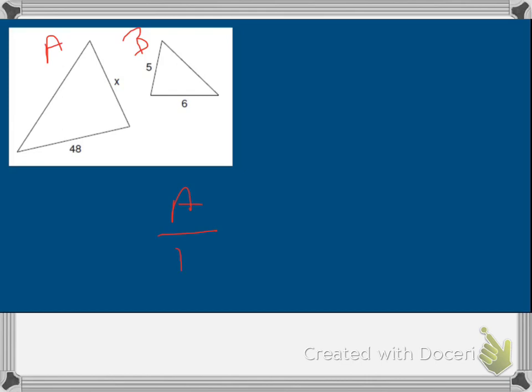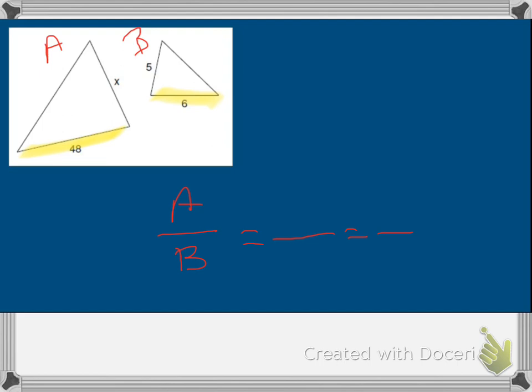So again, I'm going to make sure that I keep everything in the correct order, because if I don't, that's when mistakes will happen. When I look at this, I can tell this is a base, this is a base. So I'm going to keep that information in one of the ratios.